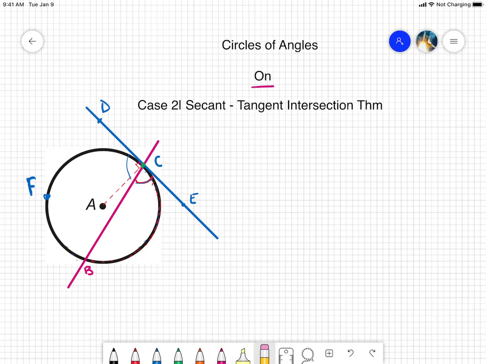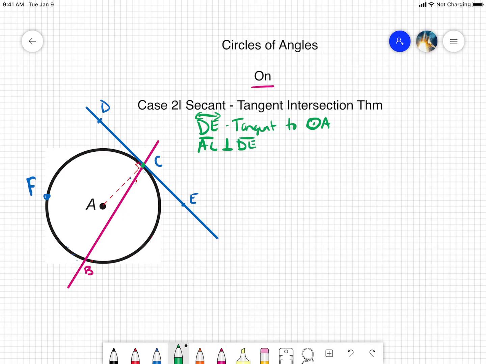Okay, so there's a couple of reasons why that's true. If I want to think about either of these two angles on the side of this chord, since DE we're going to say is tangent to circle A, we're going to assume that already, which means that if I look at AC, AC is perpendicular to DE.